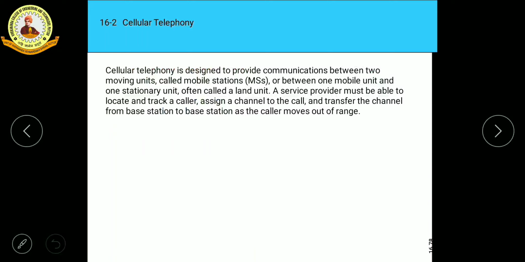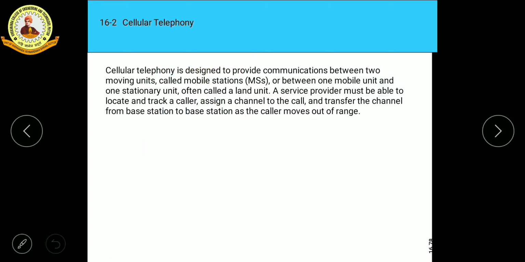These channels, the frequencies for these channels, are leased by the service providers and are given by the government. So service providers have to locate and track a caller, assign a channel to the call, and then transfer the channel from base station to base station.